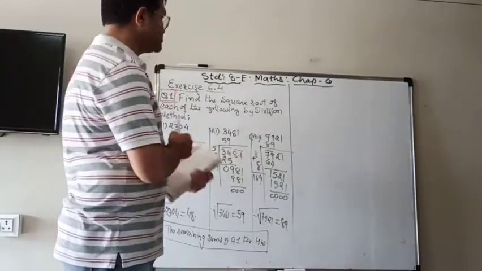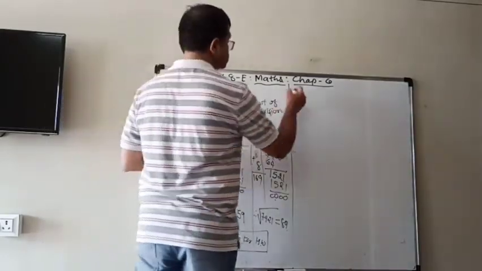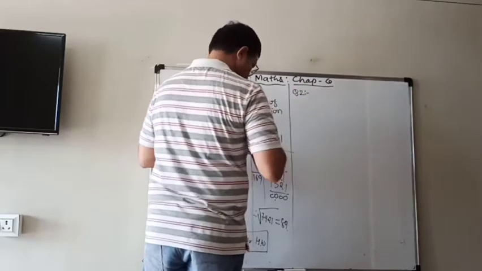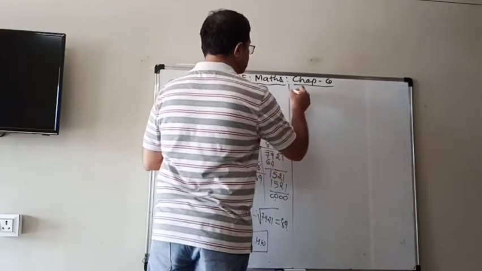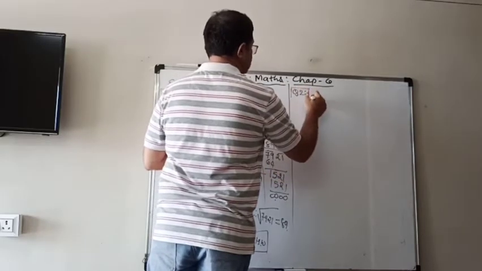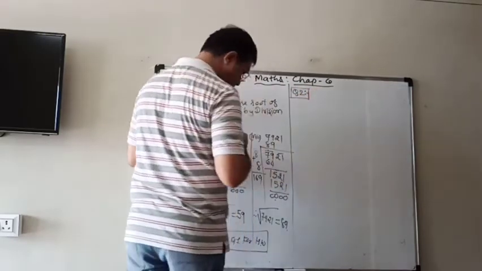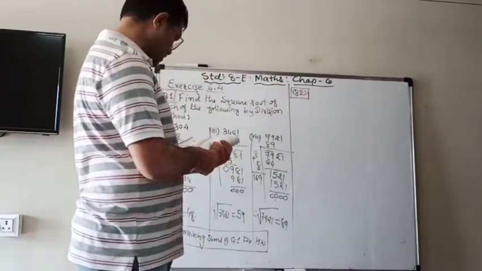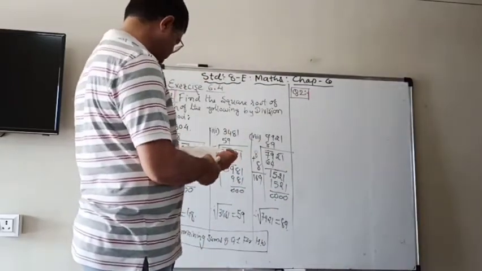Let's do question number 2. Now in question number 2, they said we don't have to do any calculation. Then without calculation, how can we give the answer? Let's see.